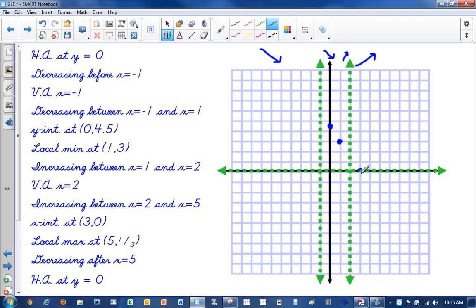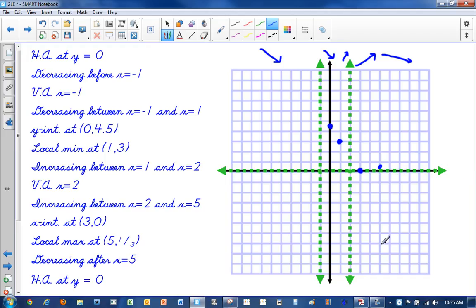So right here, there's an x-intercept there. It's the only one. There is a local maximum at 5 and 1/3. So right about there. It doesn't increase very much. And then after x equals 5, I'm decreasing. And I've got my horizontal asymptote at y equals 0 again, which I don't cross.